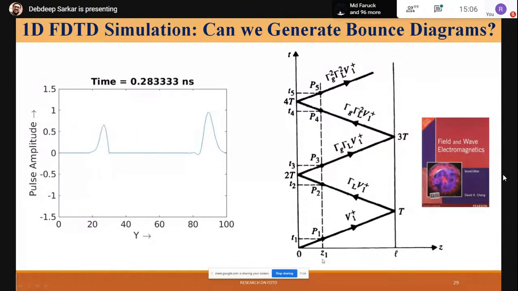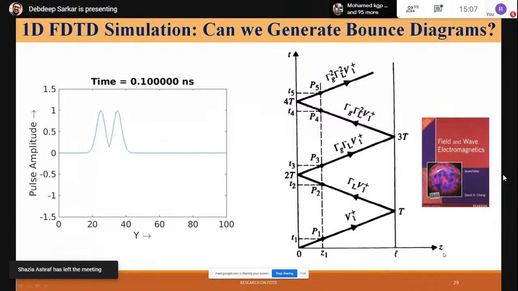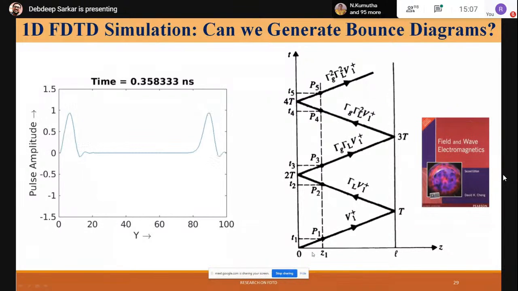This bounce diagram is a tool that is adopted mostly by engineers working on transmission lines or on transient analysis of transmission lines. People who have worked on those kinds of problems might be familiar that you launch some pulse at one end, the generator end, and this is your load end. Now you want to find out how this pulse goes there, bounces off here and then bounces up there.